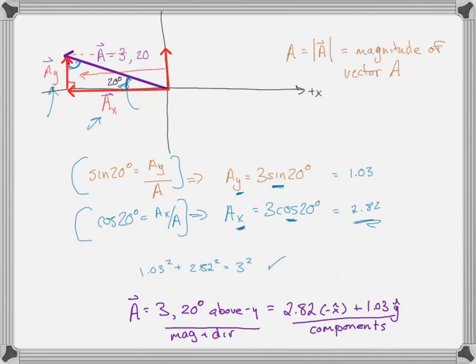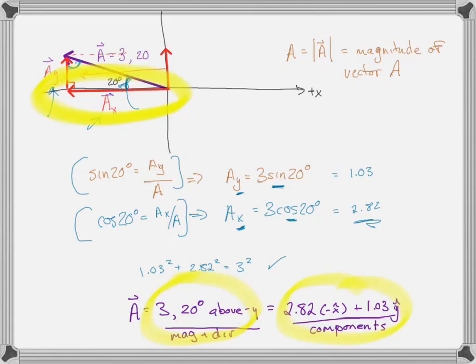Which one's better? Neither. Unless you're asked for magnitude direction or component form, you can always write your vector in either form. Magnitude and direction form or component form. They're both a complete description of the vector. Just want to make sure you noticed that this vector here, that vector there points in the minus x direction.